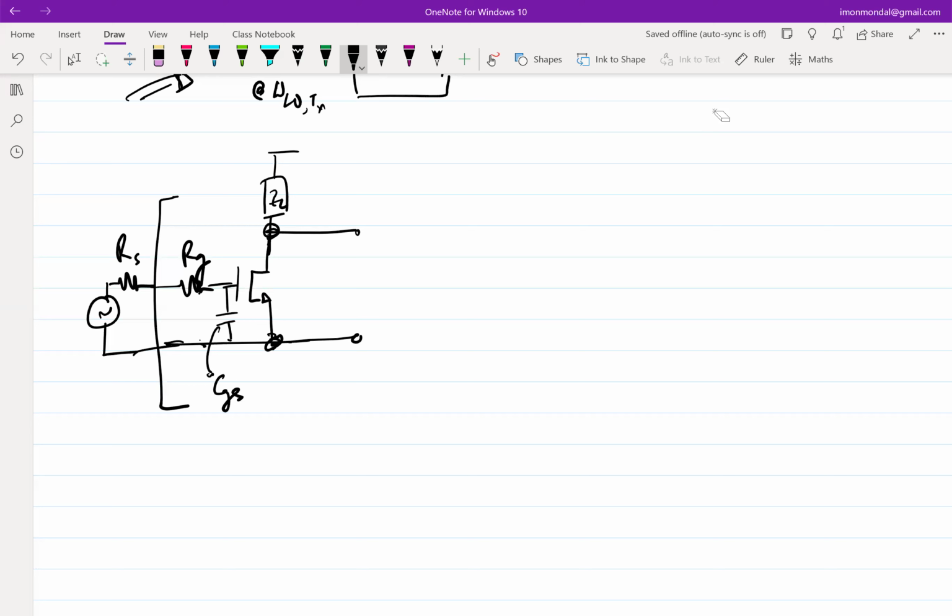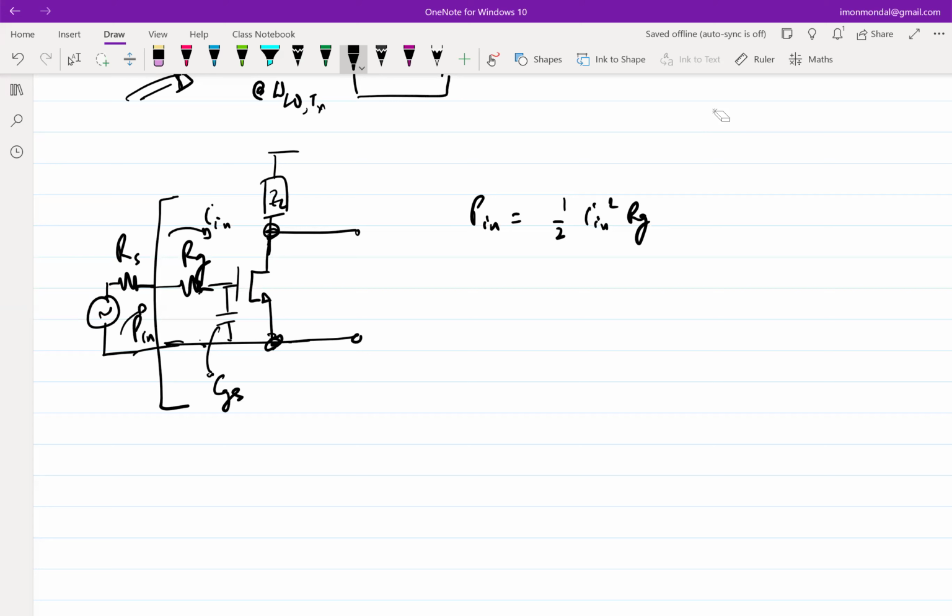So let's say this source delivers P in. Where will P in get dissipated? Whatever P in you are extracting from the source can only be dissipated in RG, right? So P in is equal to half I in squared times RG.